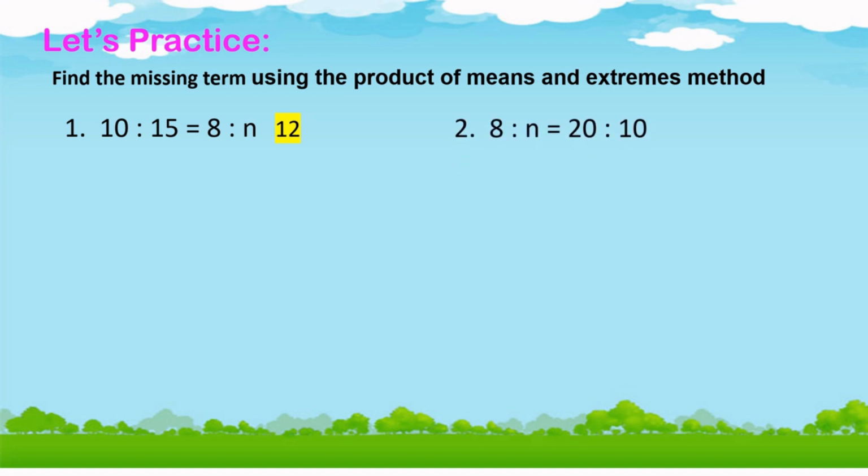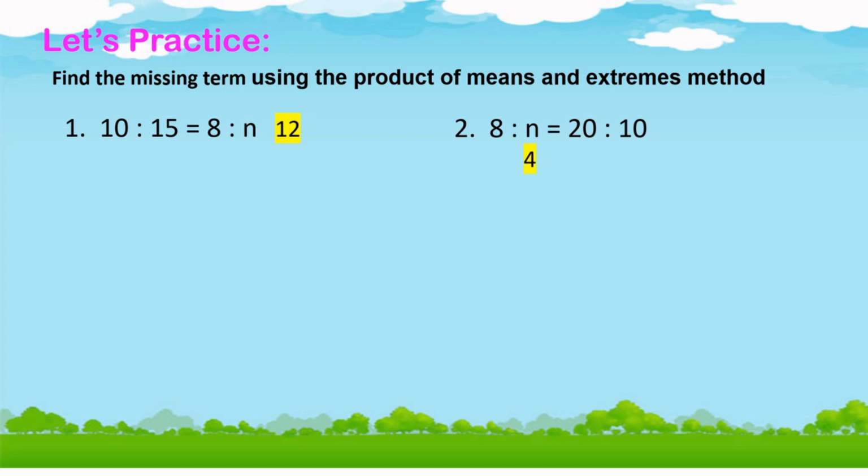Next, number 2. We have 8 is to n is equal to 20 is to 10. Find the missing term. Okay, time's up. What is your answer? The answer is 4.